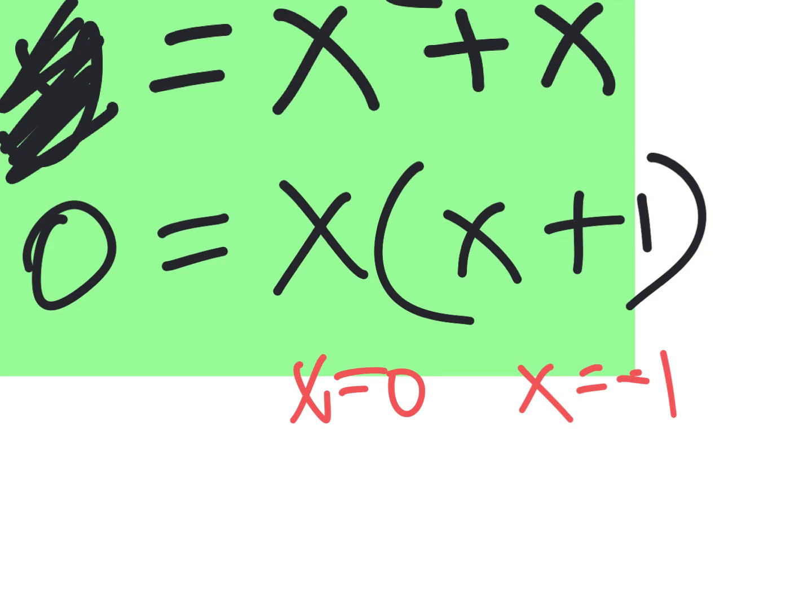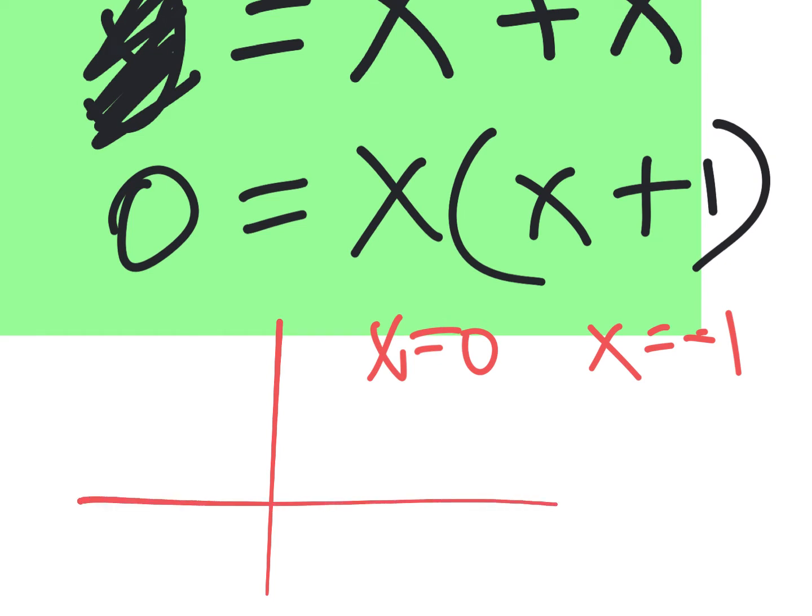So if I said to graph it, would you be able to? Should be able to. You got the x-intercepts for Pete's sakes. 0 and -1. Everybody make a quick sketch right now. Now, what if you had gone completely brain dead and you're like, I don't know what it looks like?